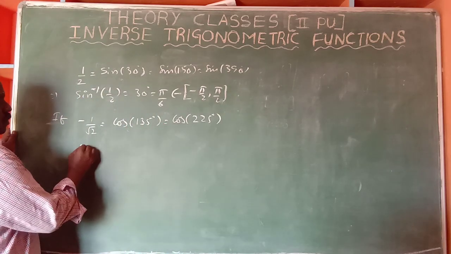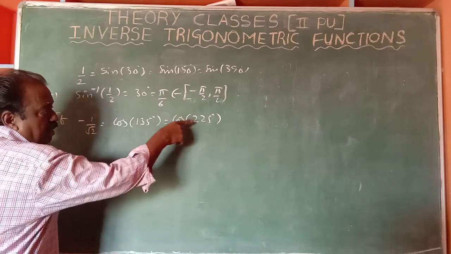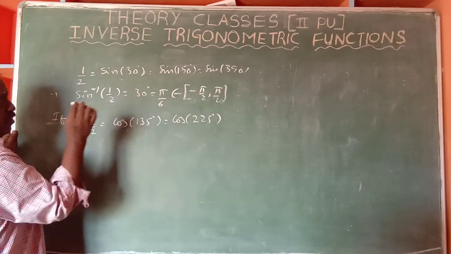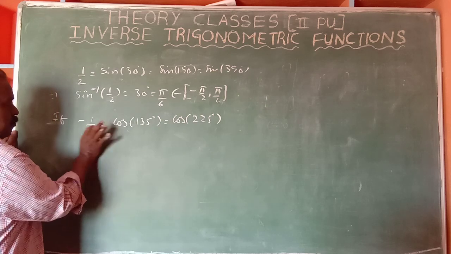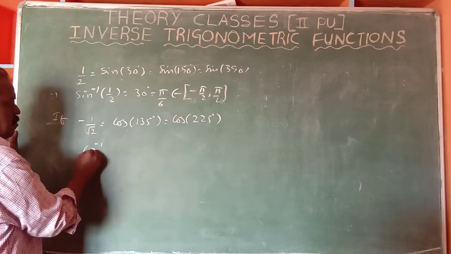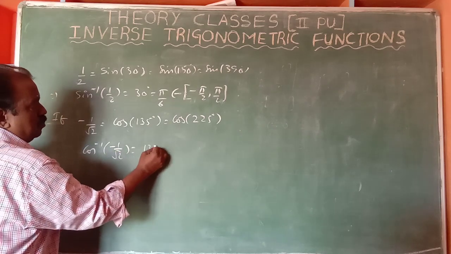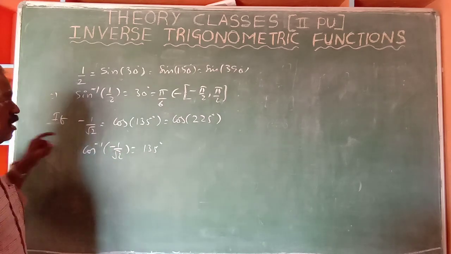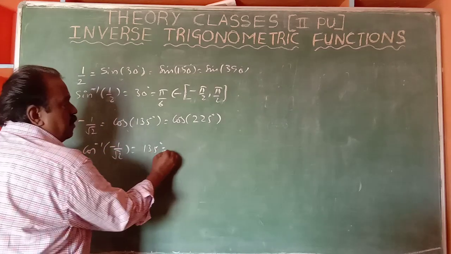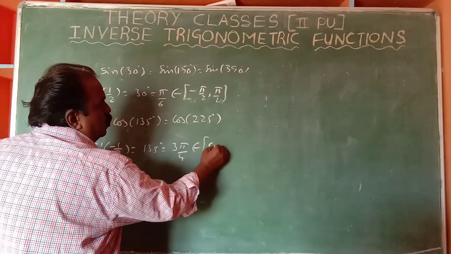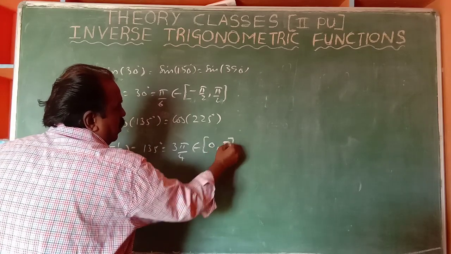In order to get the angle, we have to take only the first value. Cos inverse of minus 1 by root 2 is equal to 135 degrees. We are taking only this one. 135 means 3 pi by 4, which belongs to 0 to pi.